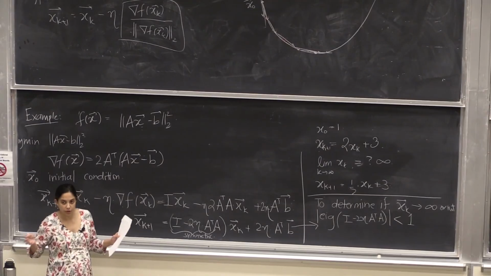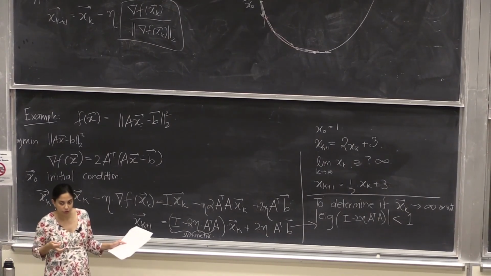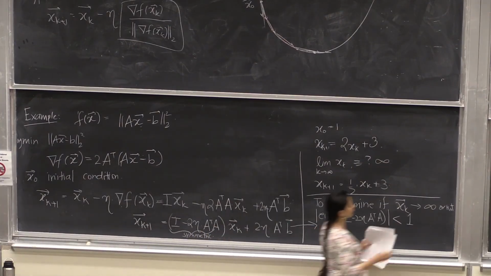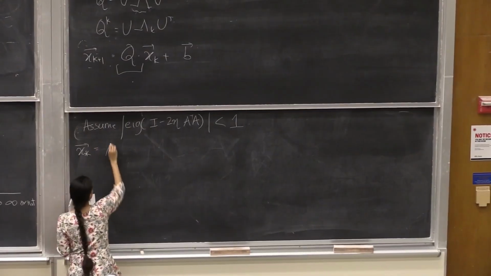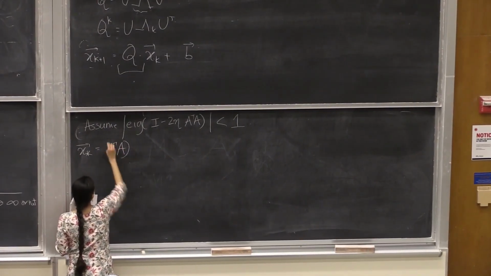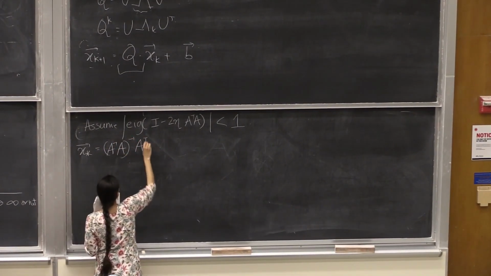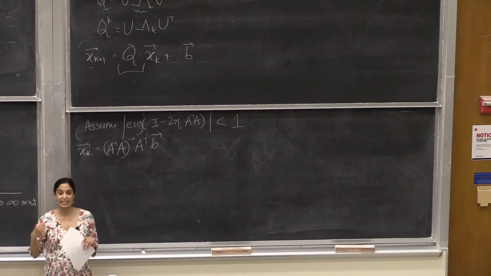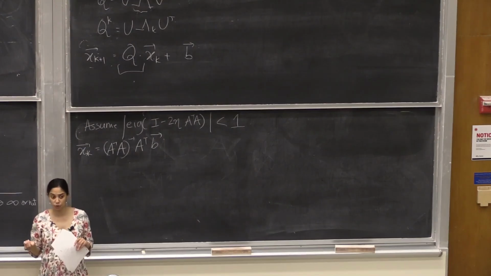Do you think it's going to converge to something different from our actual solution? What is our x star for this problem? We know x star, right? What is our optimum? Well, it's A transpose A inverse A transpose B.